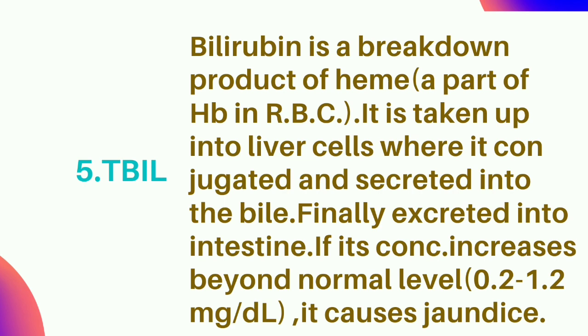It is taken up into the liver cell, where it is conjugated and secreted into the bile, finally excreted into the intestine. If its concentration increases beyond the normal level, that is 0.2 to 1.2 milligram per dl, it causes jaundice.